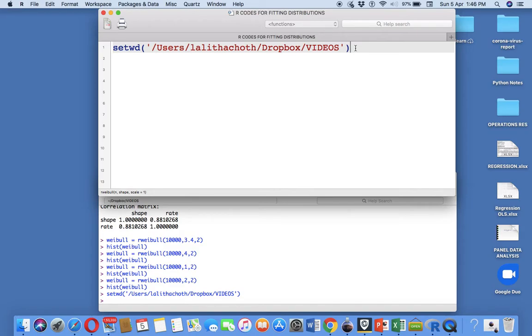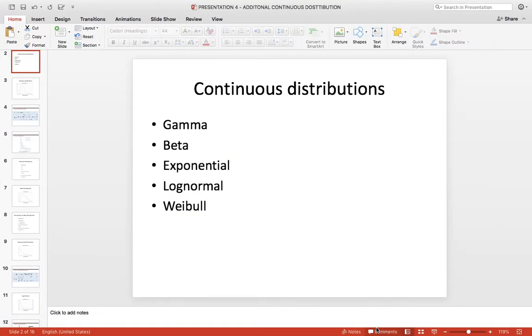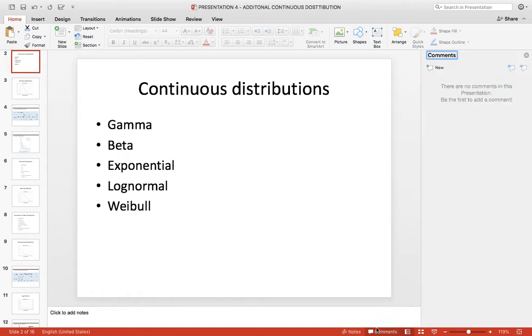I am now going to create a database. You know that the distributions that we are going to discuss are the gamma, the beta, the exponential, the log normal, and the Weibull.